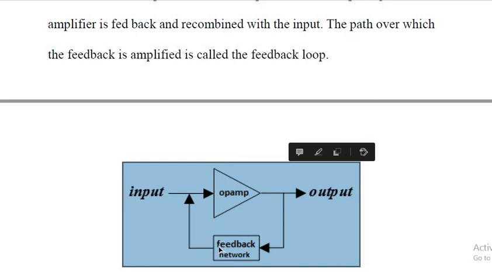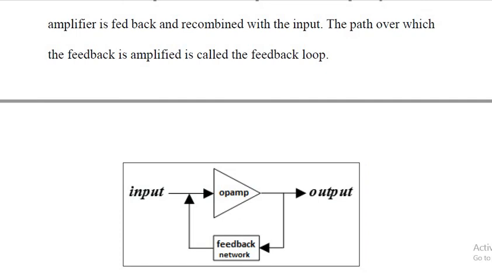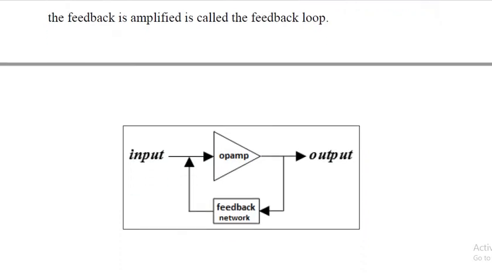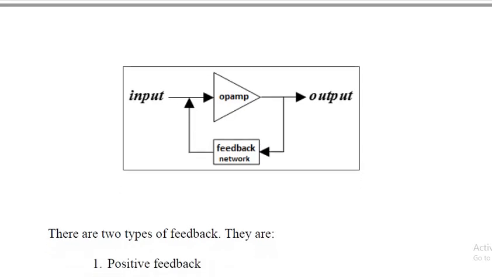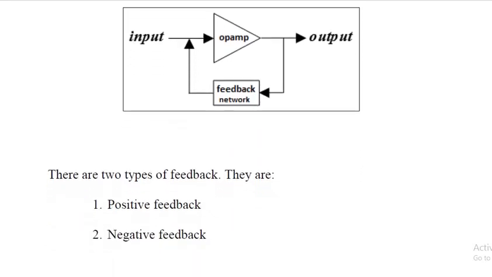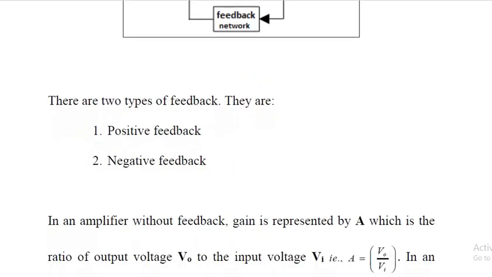And this path, that is the path over which the feedback is amplified, is called feedback loop or the feedback path. There are two types of feedback. They are positive feedback and negative feedback.